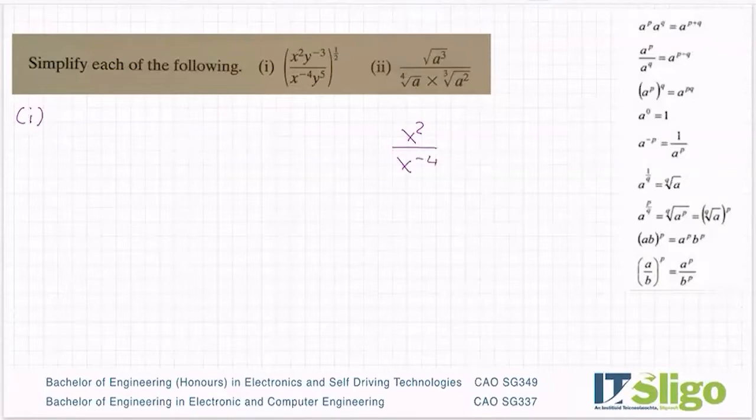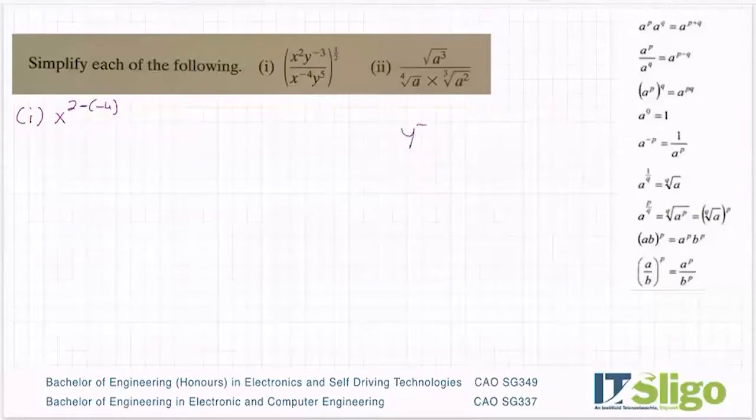Okay, just like any other algebra, I can't merge the x's and y's, so I'm looking at the x's first. And you can see from that second rule that it's telling you to subtract the powers, as long as the base number is the same, which is the a's, which it is in our case. You subtract the powers, so you have x to the power of 2 minus 4. Okay, I'll resolve that in a minute.